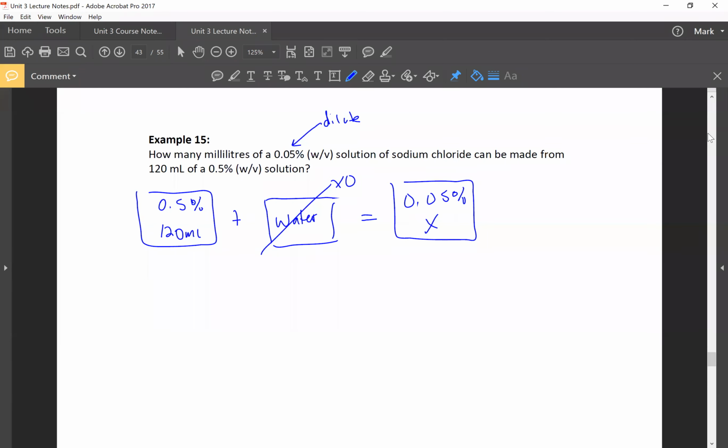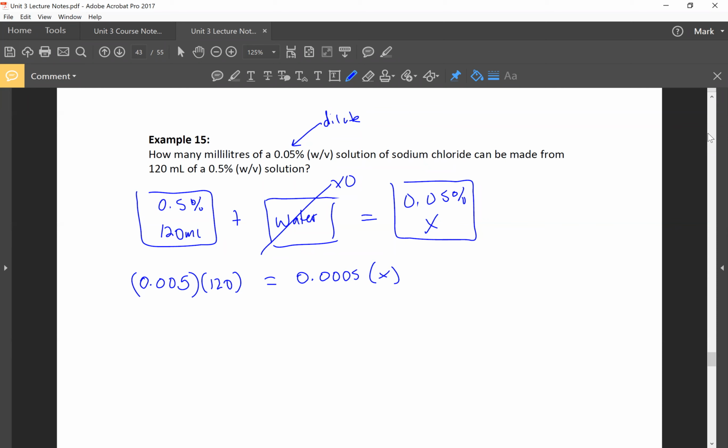So this would be 0.005 times 120 milliliters equals 0.0005 times X. Make sure I got my zeros right.